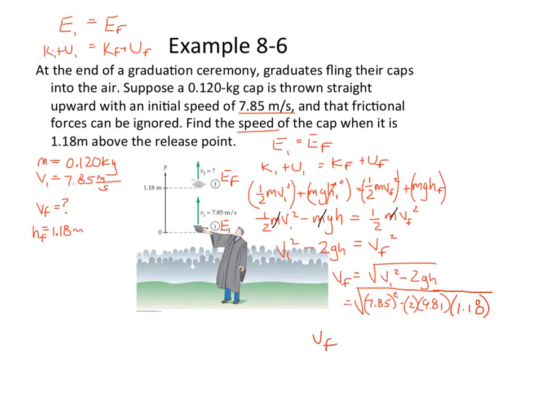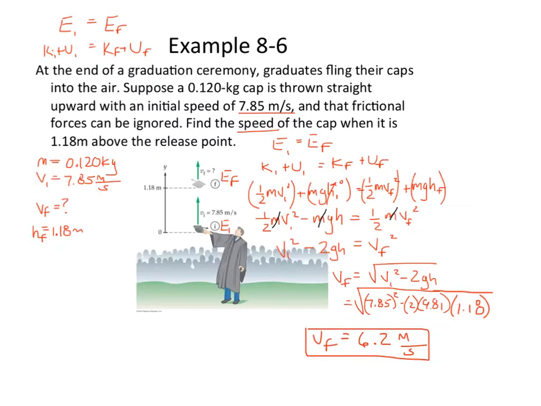So our v final is going to be what? I get a value of 6.2 meters per second. And that should make sense because remember we said that as potential energy increases, kinetic energy decreases, and the opposite. As kinetic energy increases, potential energy decreases.